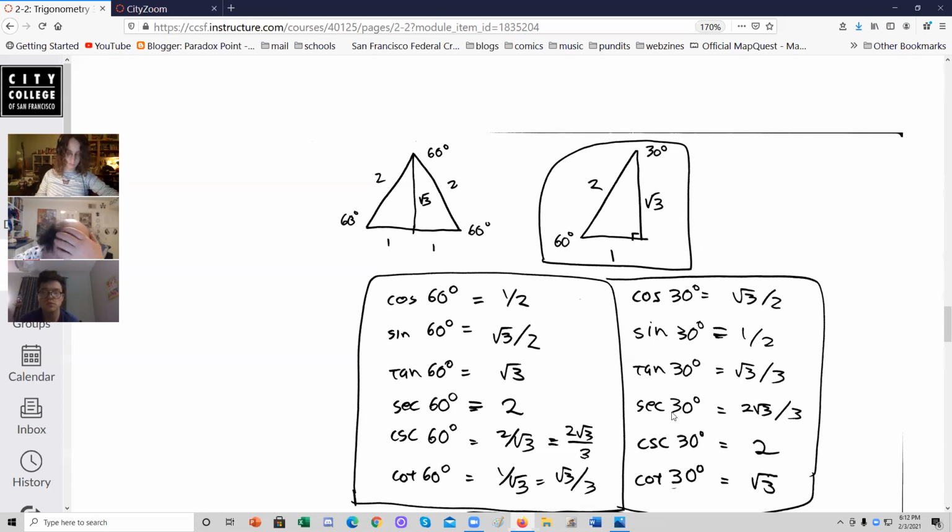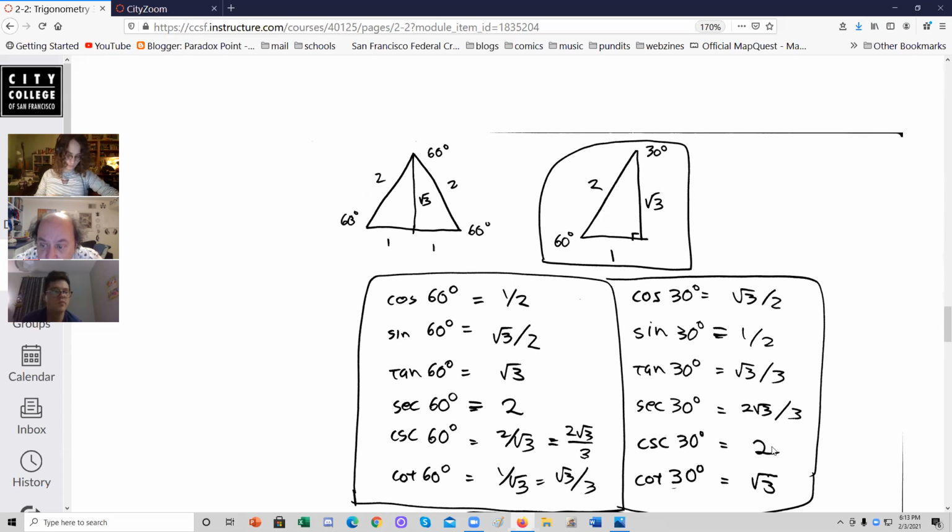Secant 30 is 1 over cosine, therefore 2 over root 3, therefore 2 root 3 over 3, like this. So secant 30 equals cosecant 60. Cosecant 30 is hypotenuse over opposite, which makes 2. Or it's also the reciprocal of the sine.